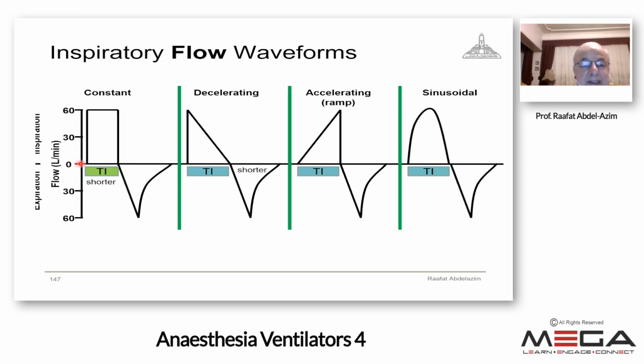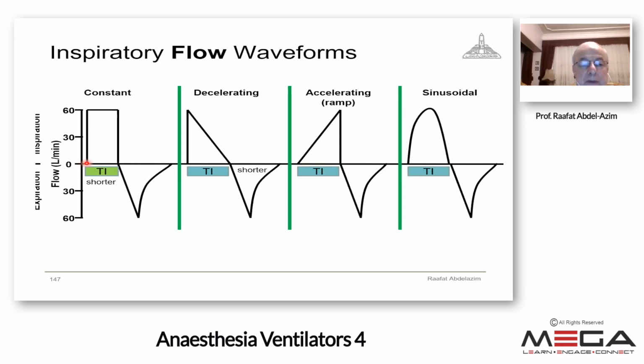The flow sensor senses the flow, its direction and its value. If the flow is from the ventilator to the patient, it will give a positive wave. If the flow is from the patient to the ventilator, it will give a negative wave. So a positive wave means it is inspiratory flow, which starts from the ventilator to the patient.